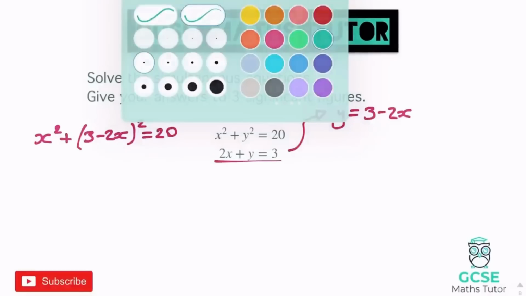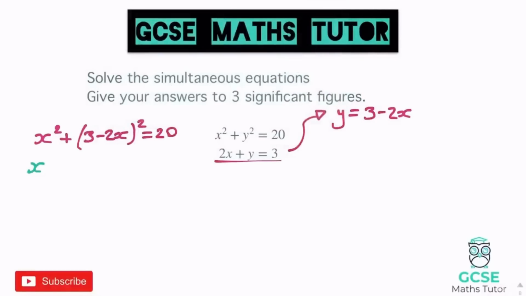Now if we expand all this out, we get x squared plus, and you can write out the double bracket here if you like, but 3 times 3 gives us 9. We get minus 2x times 3, which gives us minus 6x, and we've got 2 of those, so minus 12x. And then negative 2x times negative 2x will give us positive 4x squared. There we go, and that equals 20.